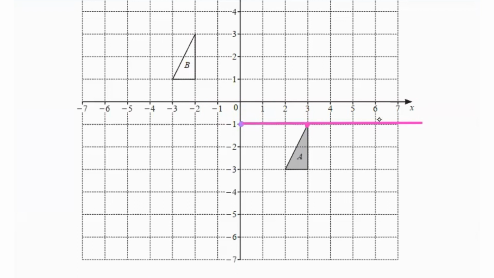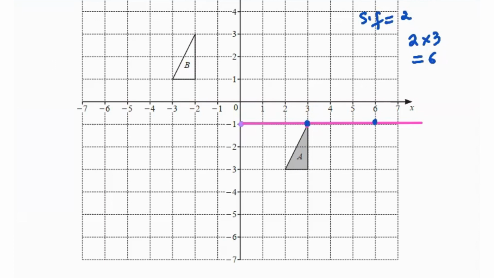Why 6 units? Because we know that the scale factor is 2. So 2 times 3 is 6. So this point becomes this point for the enlarged shape.